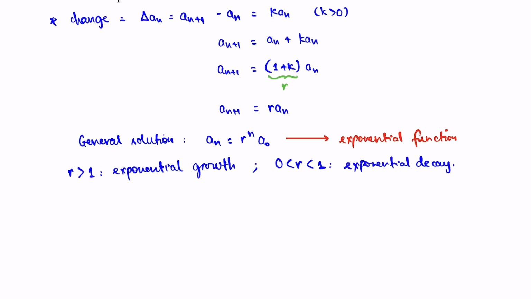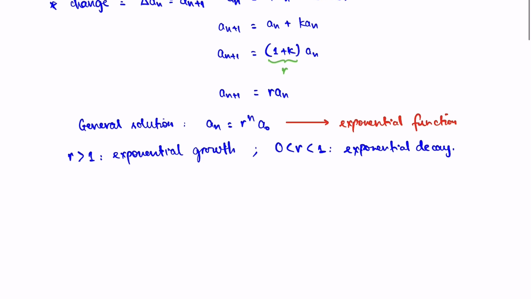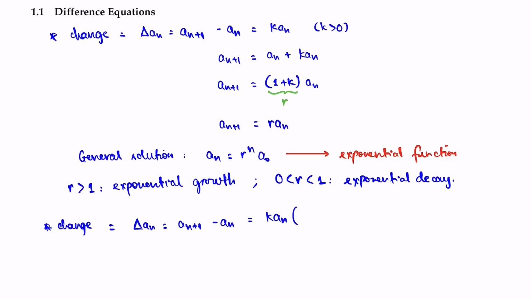In addition to modeling the difference equation using a linear growth factor, in this case k times a sub n, you can also use another growth factor called the logistic growth factor. If you have the change delta a sub n equal to a sub n plus 1 minus a sub n, this is equal to k times a sub n, and in addition we include the term 1 minus a sub n over capital L, for capital L the carrying capacity.